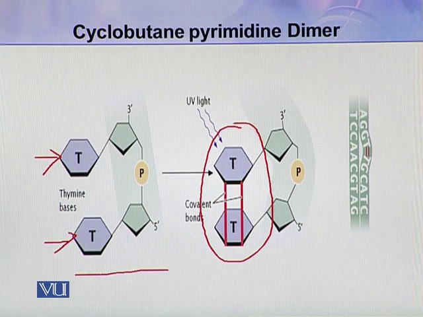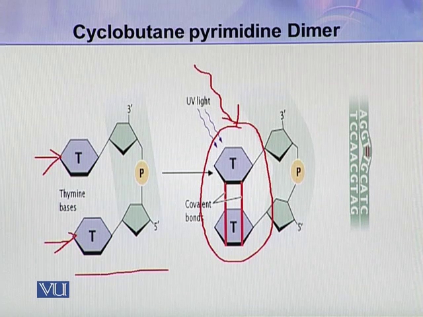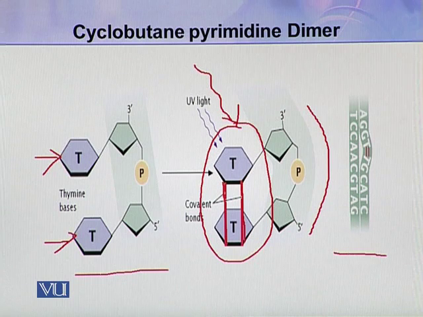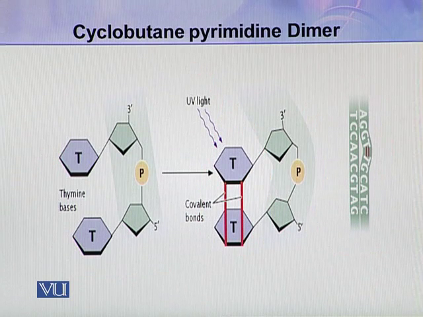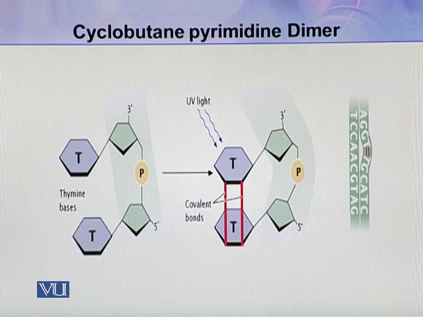If UV light falls on these thymines, they form a dimer. The formation of this dimer produces a small kink in the DNA strand. Here you can see this is a small bend. This bend is mainly produced due to the formation of a thymine dimer.